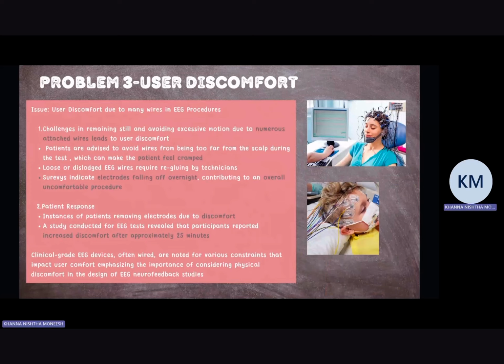Many surveys indicate electrodes falling off overnight, contributing to an overall uncomfortable procedure. When it comes to patient response, there are many instances of patients removing the electrodes due to discomfort. A study conducted for EEG tests revealed that participants reported increased discomfort after approximately 25 minutes.